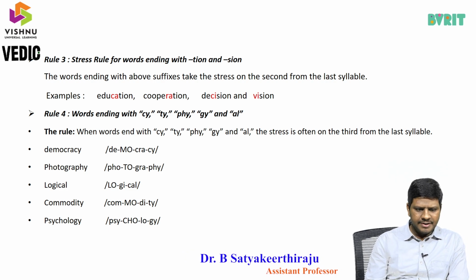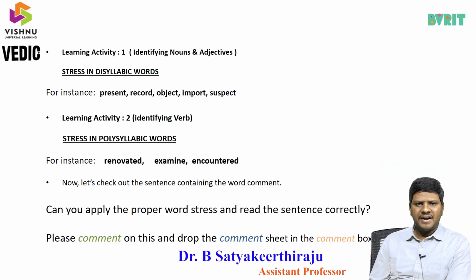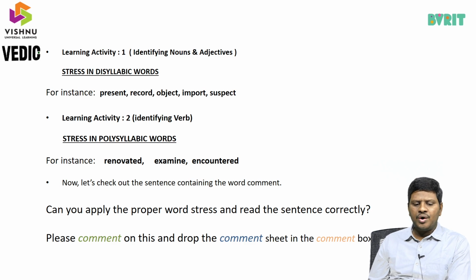Here I propose two activities. Learning activity 1: identifying nouns and adjectives stressed in disyllabic words, for instance present, record, object, import, suspect. And learning activity 2: identifying verbs. Because I taught these two variations, identifying the stress mark in nouns and identifying the stress mark in verbs.